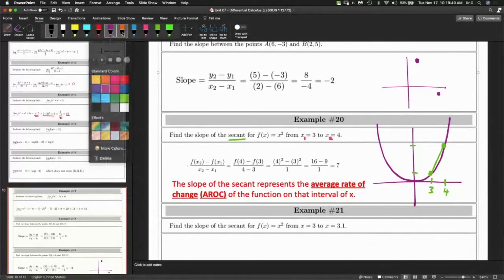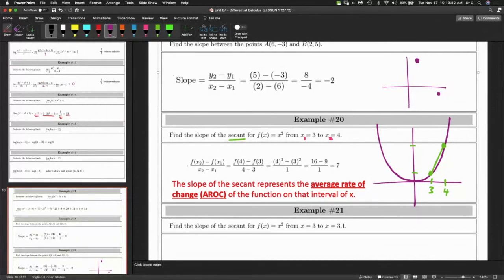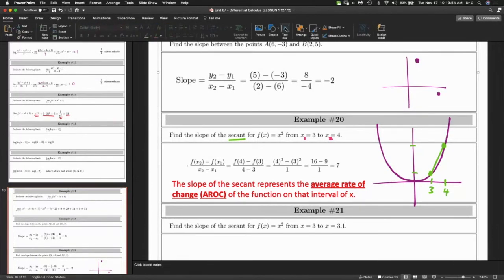The best way to say it is, I'm going to just type it out in a sentence here because it's easier for me to say it. I'll shrink the font in a second. From x equals 3 to x equals 4, on average, the graph is changing at a rate of 7.